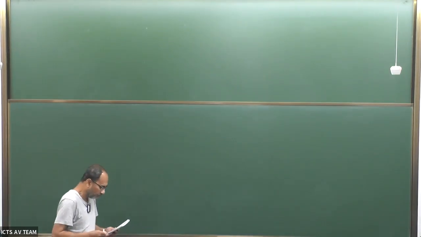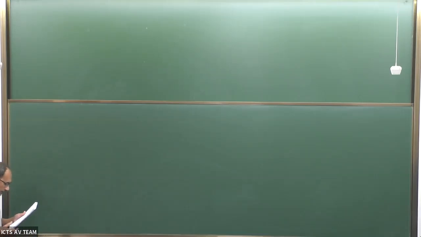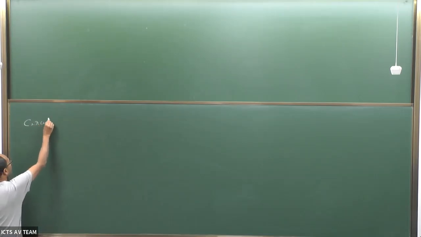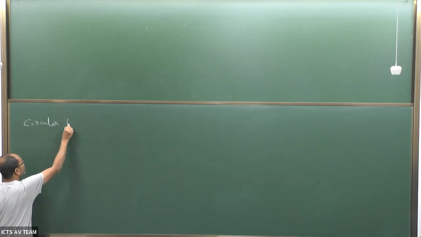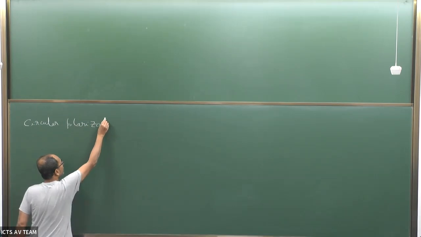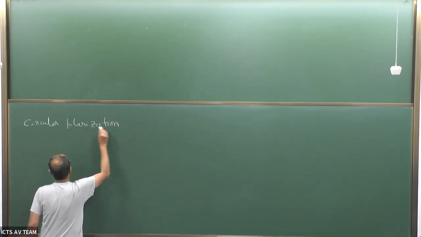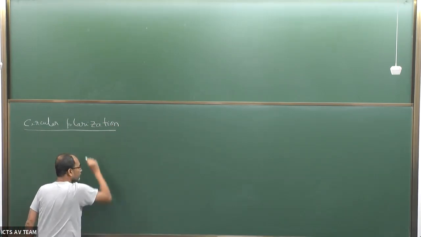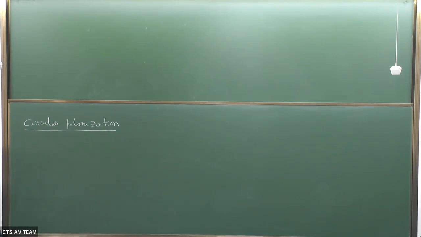Okay, so today I'll finish the subject of gravitational waves by discussing the last topic, which is circular polarization. Again, we will study this in analogy with electromagnetism. So let me explain what happens in electromagnetic waves.